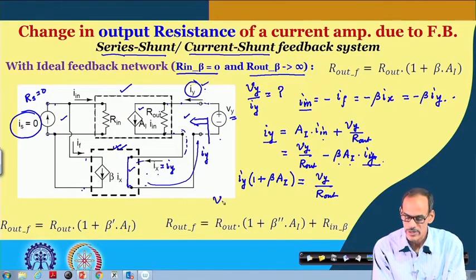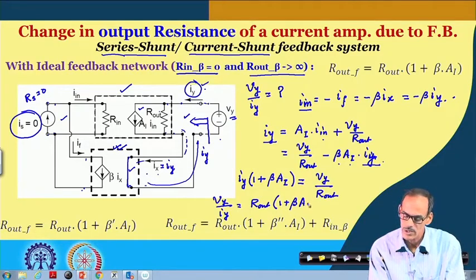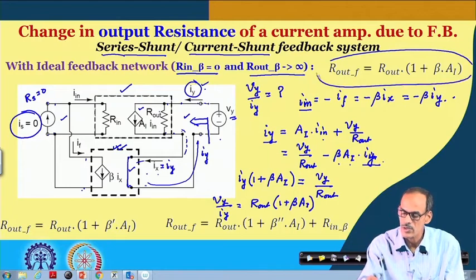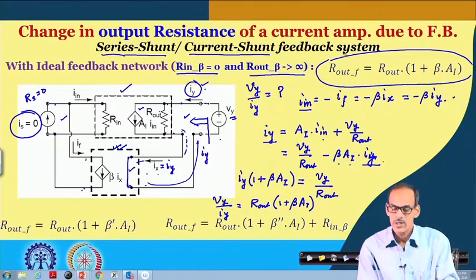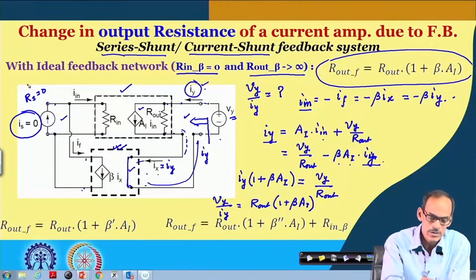From that we get V y by I y equals R out multiplied by 1 plus beta into A I. So, this is the expression of the output resistance of this system, and this is of course under ideal condition.